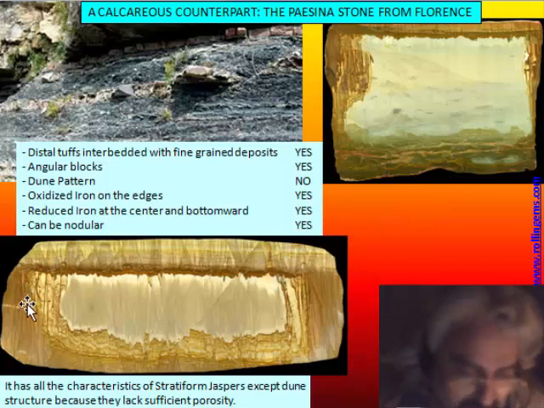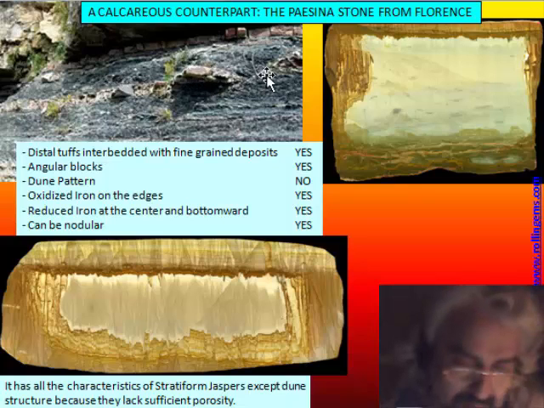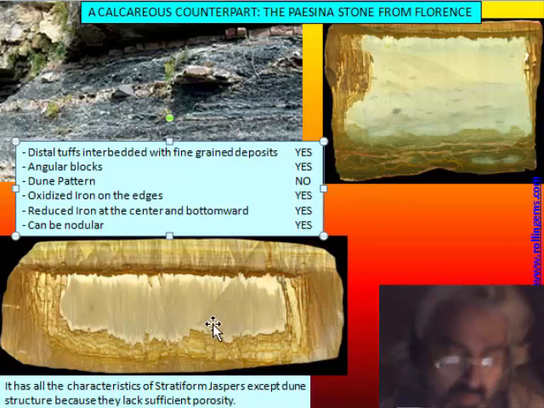There is oxidized iron around the edge and reduced iron inside and near the base. This is one of the lower deposit of Paesina stone, and also can be nodular. It's not so often, but you can see, for example, in this case the bed is closed in this direction. So the characteristics are all the same of the jasper, but this is calcareous.